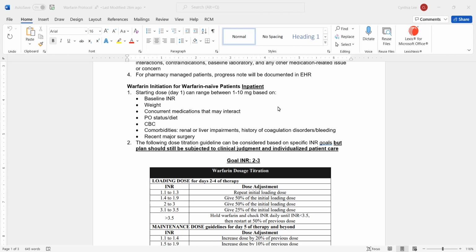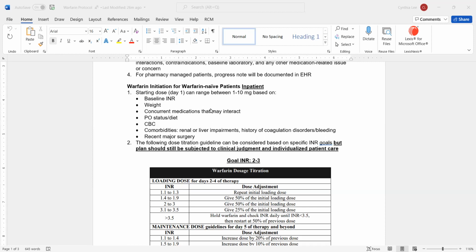Typically it's between, I would say most commonly I've seen, 5 to 10, and it will be based on multiple different factors. So those who are at high risk for bleeding, we're going to be more conservative, right? Lower dose. But those who are young, healthy, with no comorbidities, where we don't worry about bleeding risk, then we can probably do 10 milligrams.